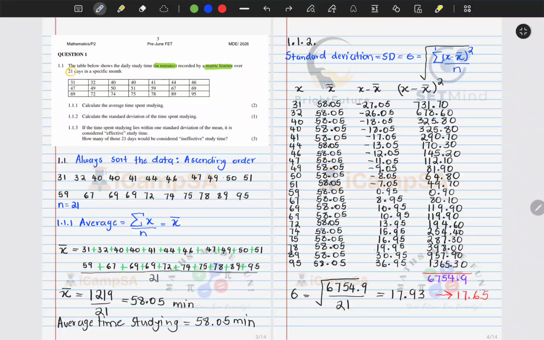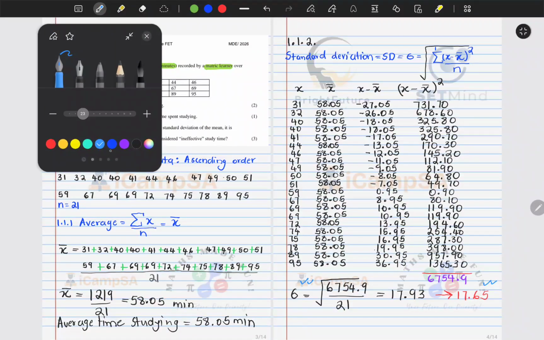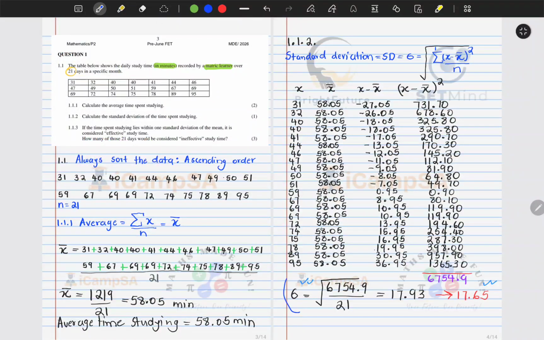When we go the long way, we get a slightly different answer, so we'll just use this one, okay? They say calculate the standard deviation, so it would be that. But in your calculator, all you would need to do is put in these numbers and it will calculate. So I will say here, use your calculator.